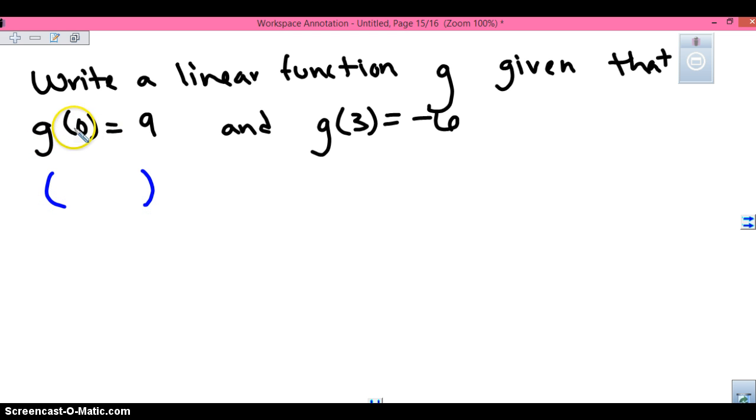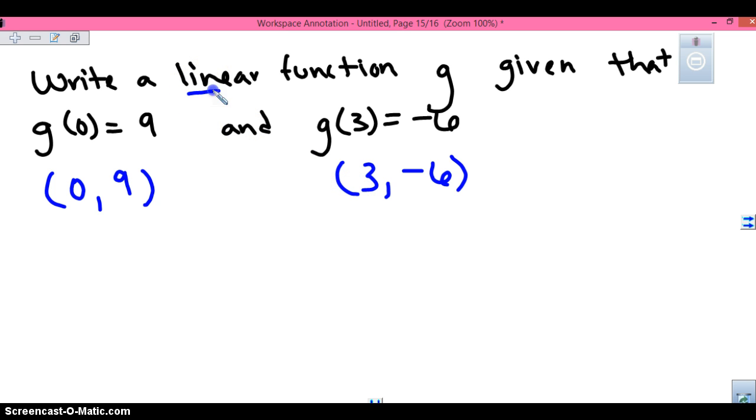We know that g of x is equal to y, so that means that 0 would be your x and 9 would be your y. Now from this function, we can find that 3 is your x, and because g of 3 is equal to negative 6, and g of 3 is y, negative 6 would be your y. We can see that we have two ordered pairs.